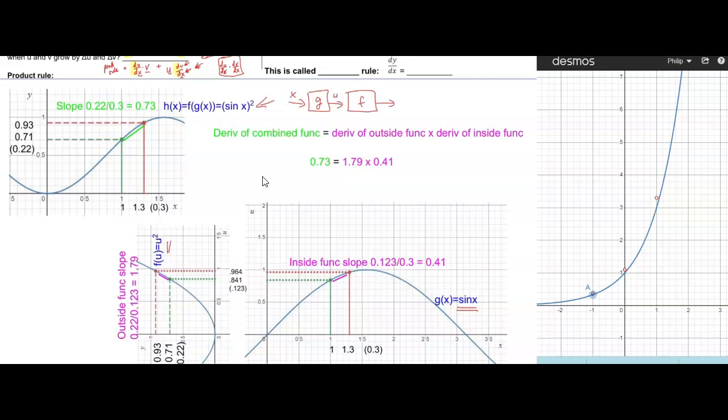The intermediate output u goes into the function box f, and out comes the final output of y. Now, you might say, oh, I'm just going to ignore the fact that there is an intermediate output here. I'm just going to look at g and f together as a unit, a composite function. In goes x, out comes y. But when we work with calculus and we're looking at the slopes, we do need to pay attention to the value of this u, and we'll see why in a second.